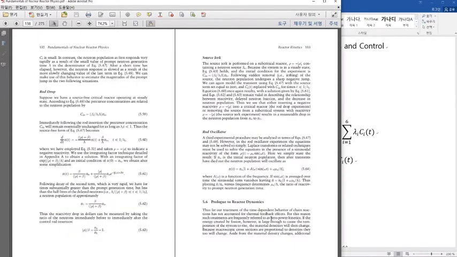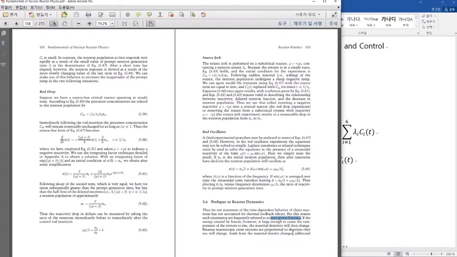All we can see here is zero power kinetics. By the word zero power, we usually ignore the amount of power or heat generated from the fission reactions, even if the neutron density increases.